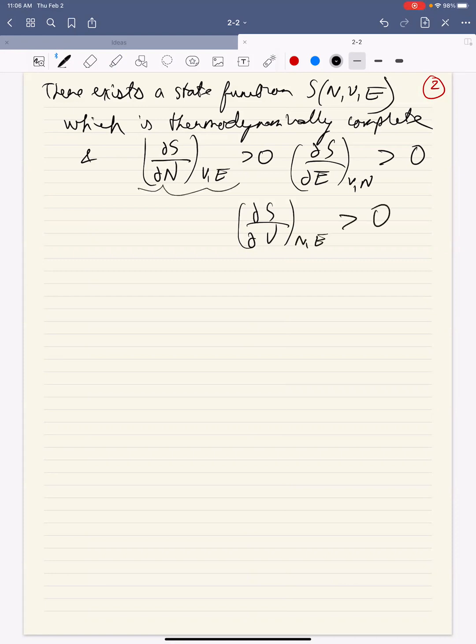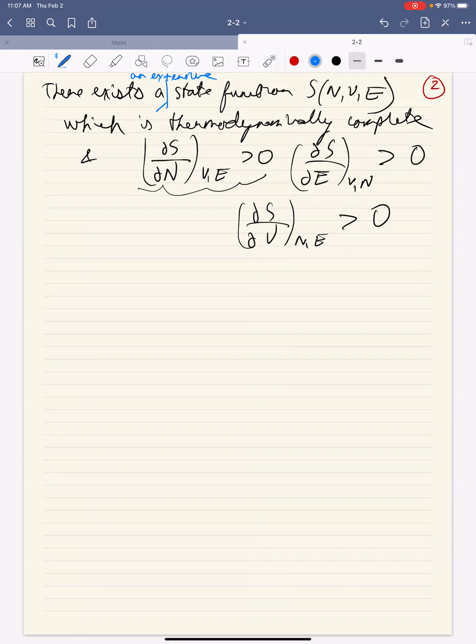Why should the first one be positive? Because S is extensive. When we say there exists a state function, I also say there exists an extensive state function. So S is going to double if you double N. So partial S by partial N is trivially positive.